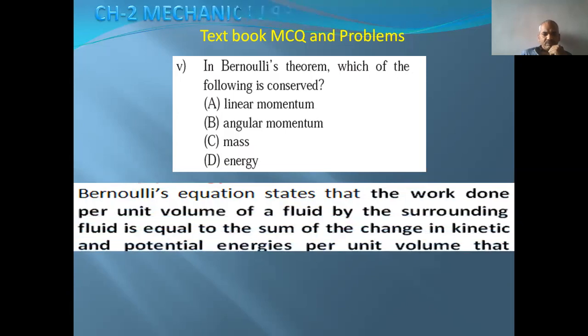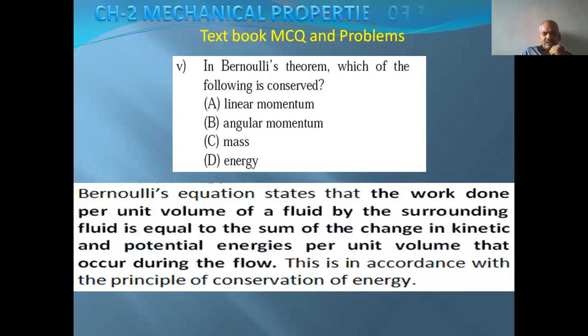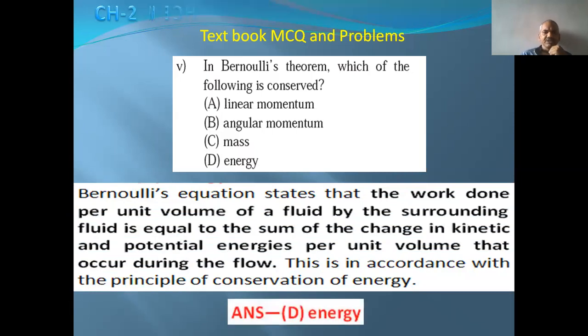From our textbook, the work done per unit volume of a fluid by the surrounding fluid is equal to the sum of the change in kinetic energy and the potential energy. It is the same as the work energy theorem, and it is in accordance with the principle of conservation of energy. And because of this, the answer for this MCQ is D, that is, it is in accordance with the energy conservation.